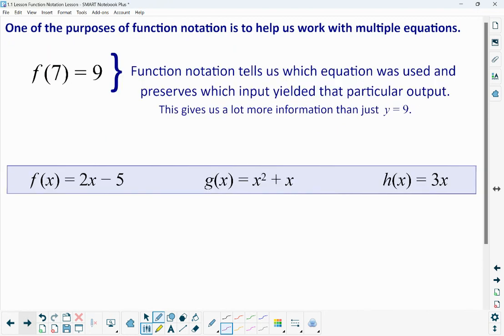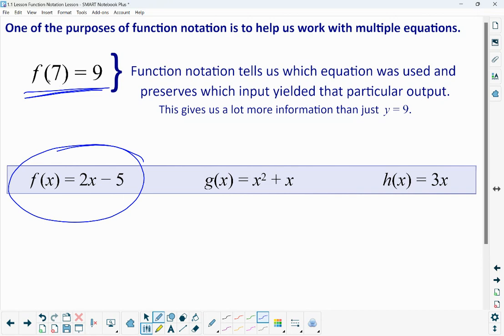One of the purposes of function notation is to help us work with multiple equations. For example, I might have 3 equations like f and g and h. Function notation is powerful because it tells you so much information. It tells you which equation you used. So I know when I see f of 7 equals 9, I know I used this equation.